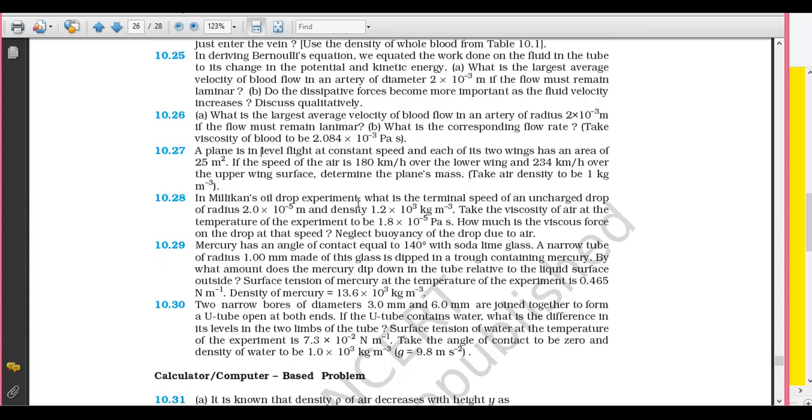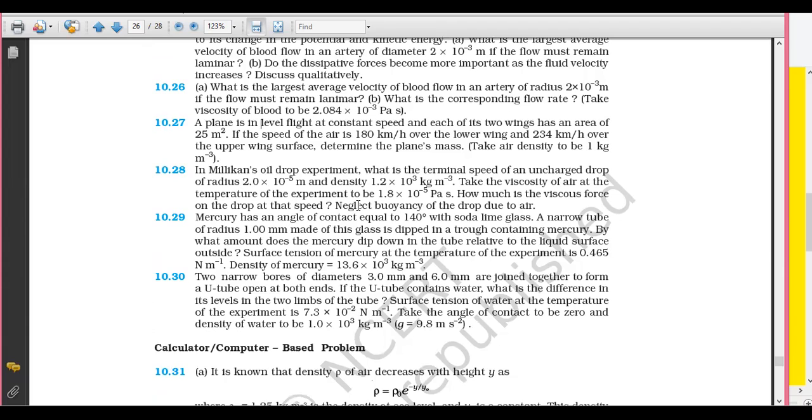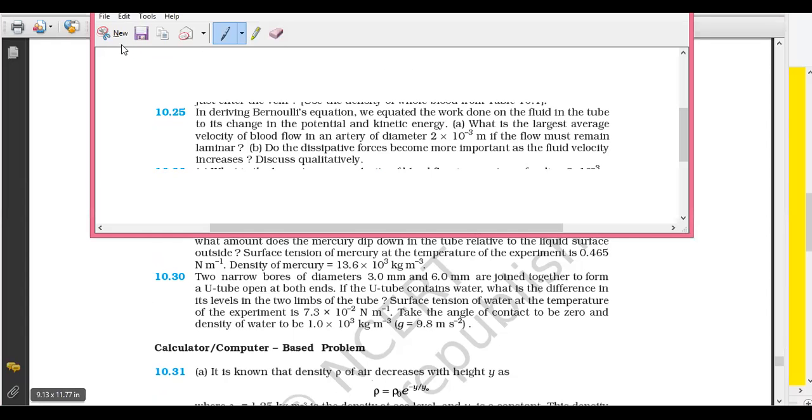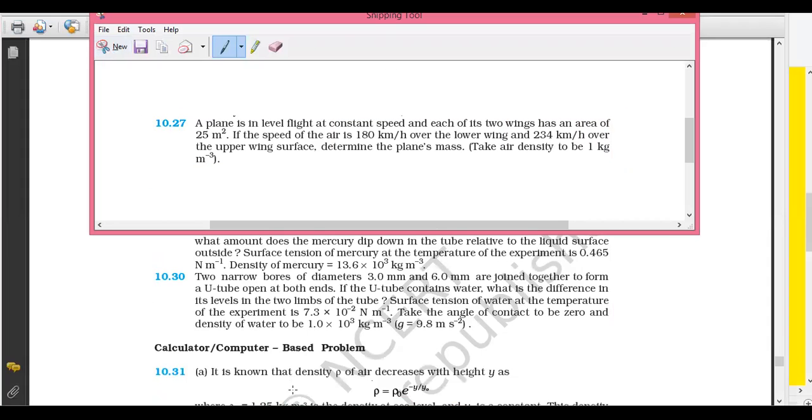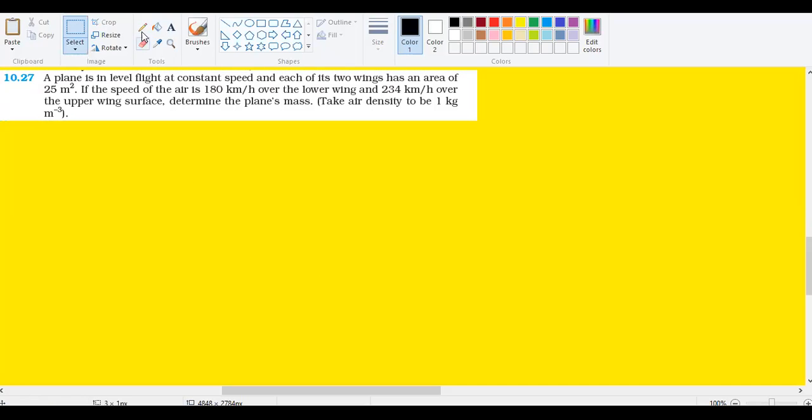Okay, let's see. I think this is an interesting question, so let's try that. Plane problem. A plane is in level flight at a constant speed, and each of its two wings has an area of 25 meters square. Again, drawing is the language of engineers and scientists.